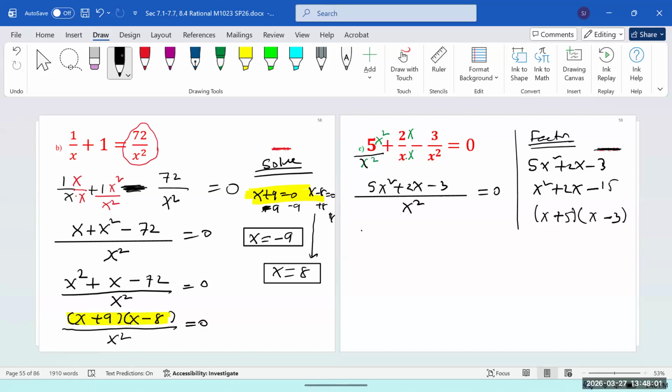Now, which of these is divisible by a? So we divide this by 5. And what do we do in the other factor? Multiply only x by 5. Not the entire expression, only x by 5. So what factors we got from these?